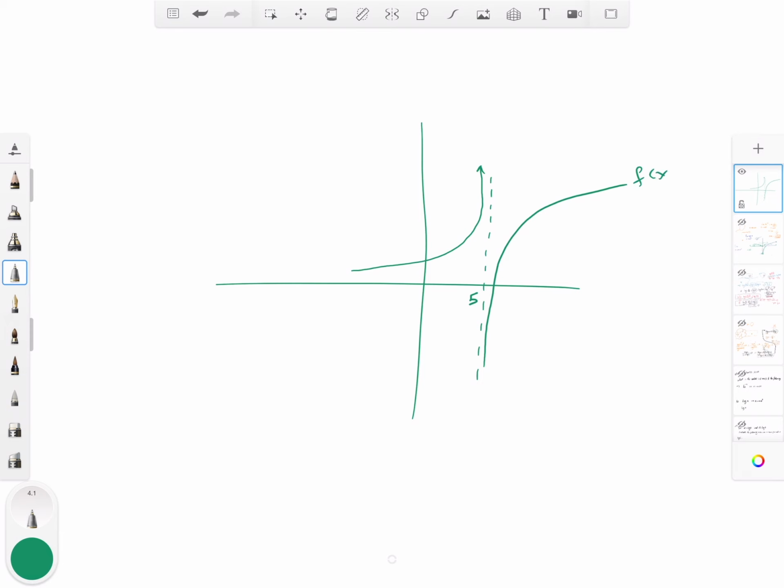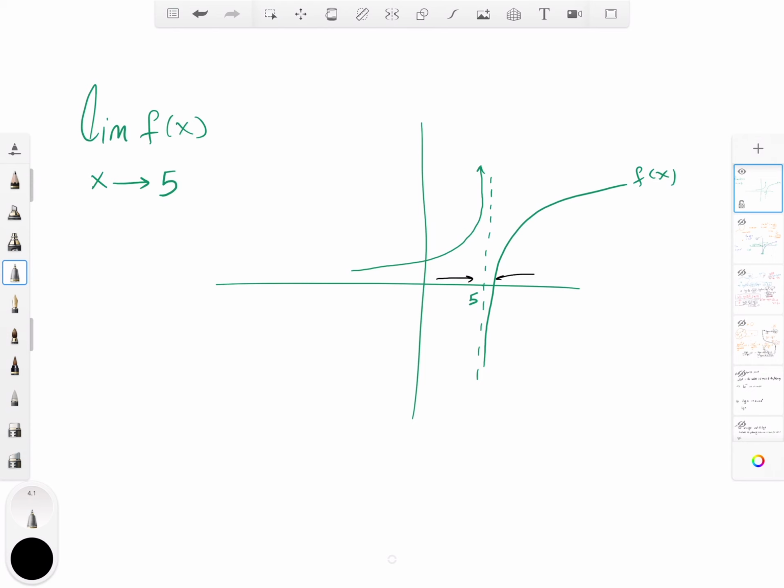This is f of x. My question is, what is limit of f of x when x goes to 5? If I ask you like this, x approaches 5, this is a wrong question, because here's 5. I have to tell you, should you go from this direction to 5 or that direction?